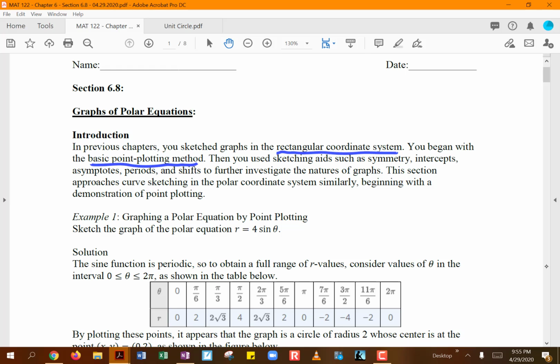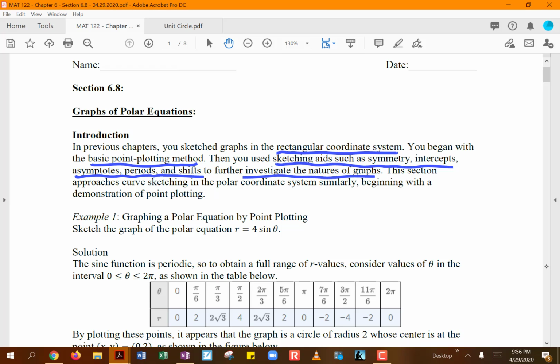Which means you find your x and y coordinates, you find as many points as you think you need to get a good graph for your equation, and that's your basic method of graphing. But then you can also use sketching aids such as symmetry, your x and y intercepts, maybe the asymptotes, periods, and shifts to further investigate the nature of graphs.